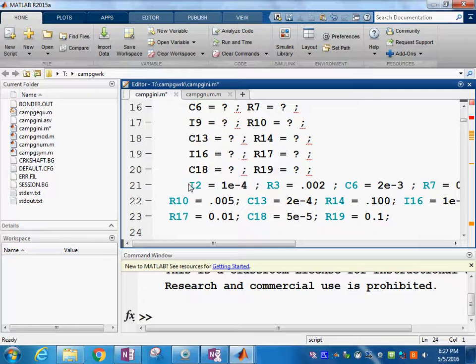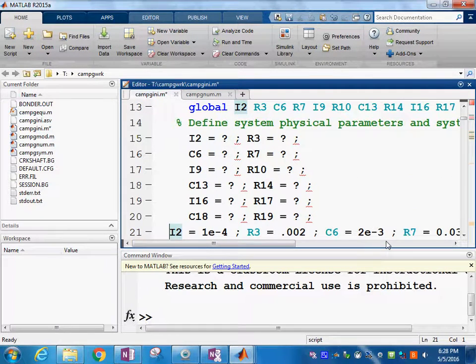Let me just, this is a bit to the left in here. Okay, you see I2, R3, C6, R7, that's doing good.